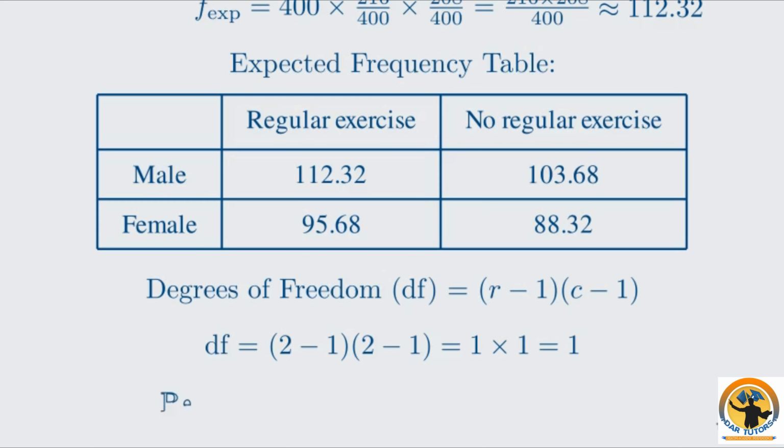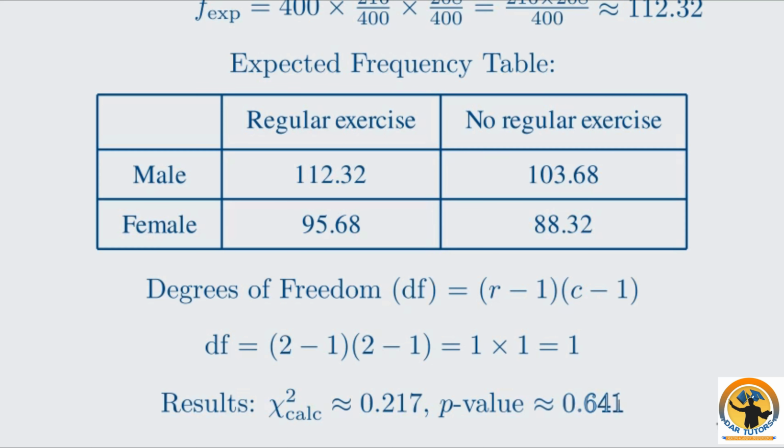With the observed and expected frequencies and our degrees of freedom, we can use a calculator's chi-squared test function to find our test statistic and p-value. For this data, the calculator gives us chi-squared calc approximately 0.2117 and a p-value of about 0.641.